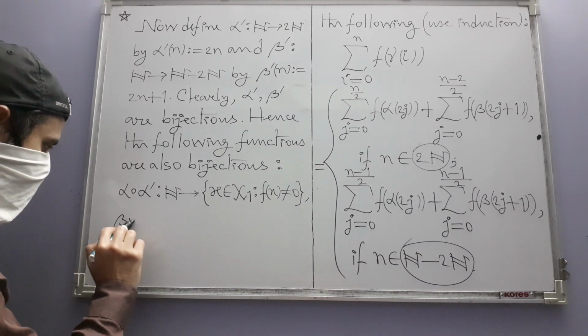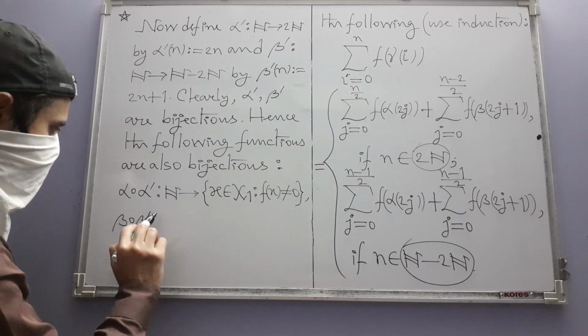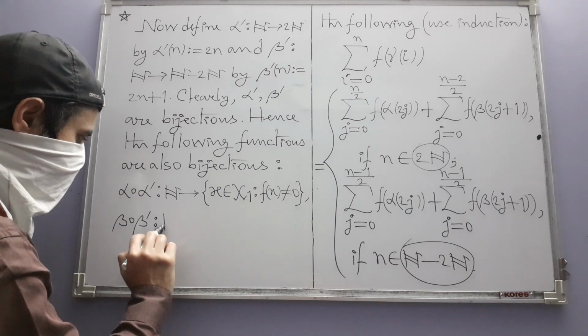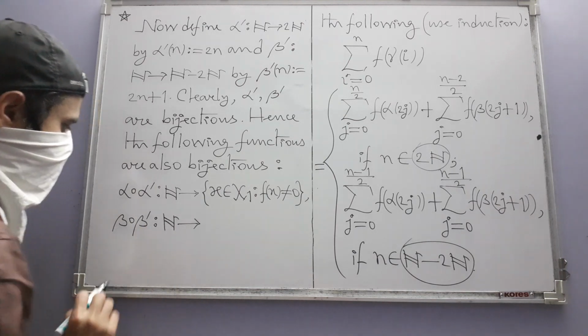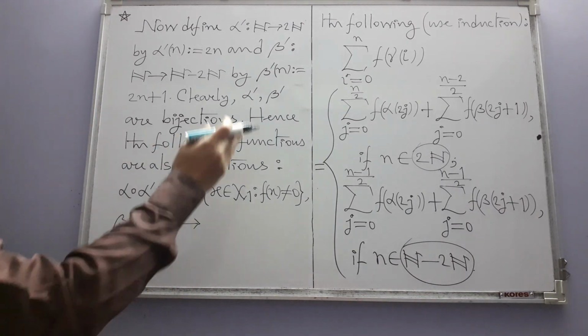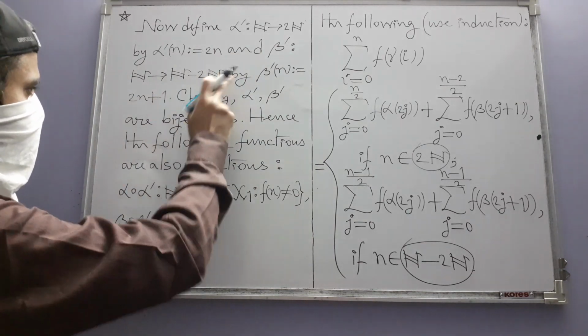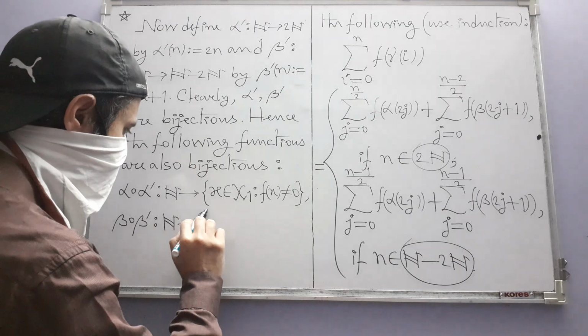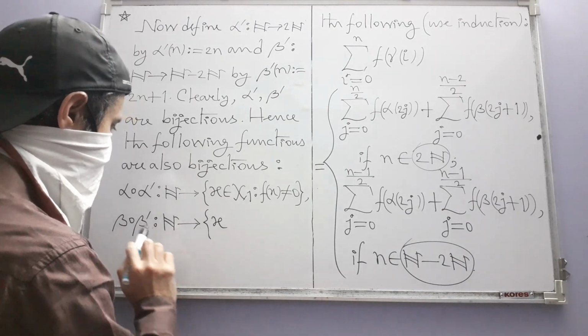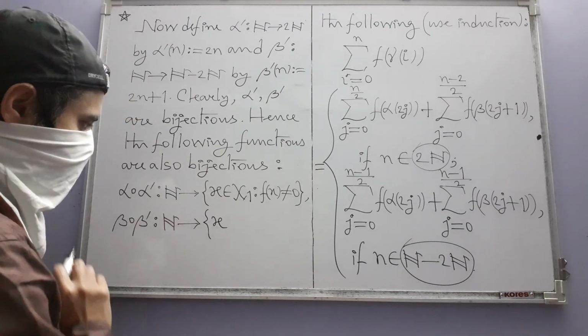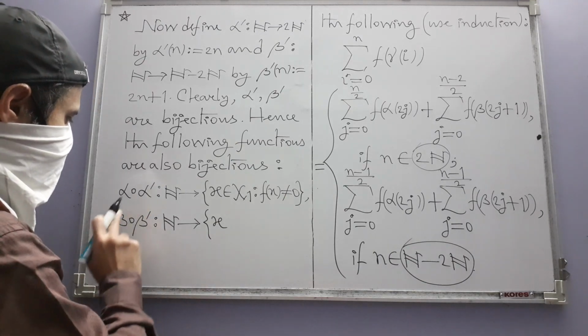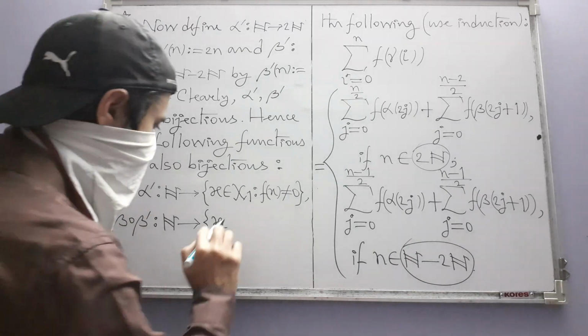And beta composition beta prime: beta prime maps n to the odd numbers, and beta then maps that to the second set. Because alpha, beta, alpha prime, beta prime are all bijections, the compositions are also bijections.